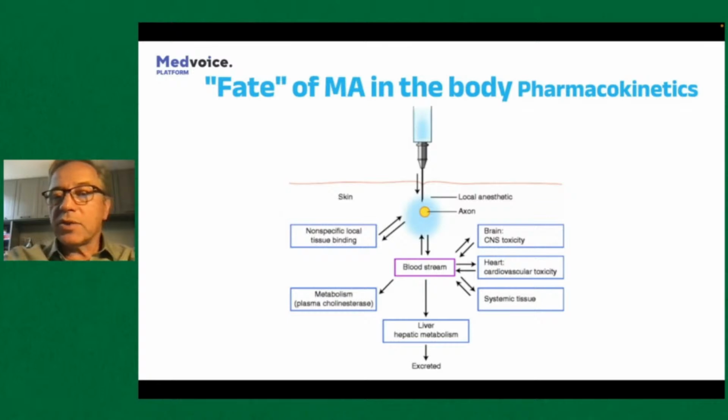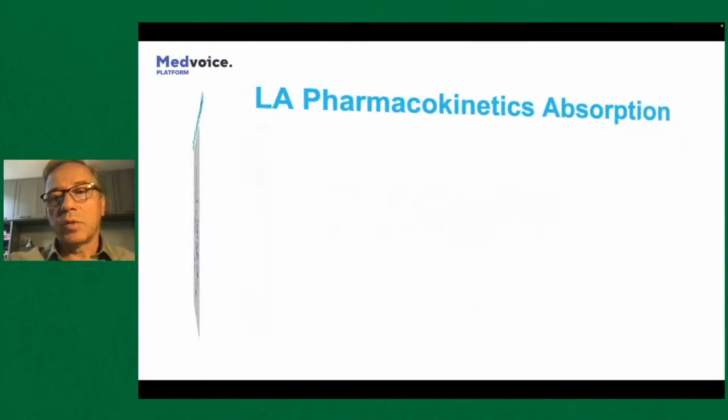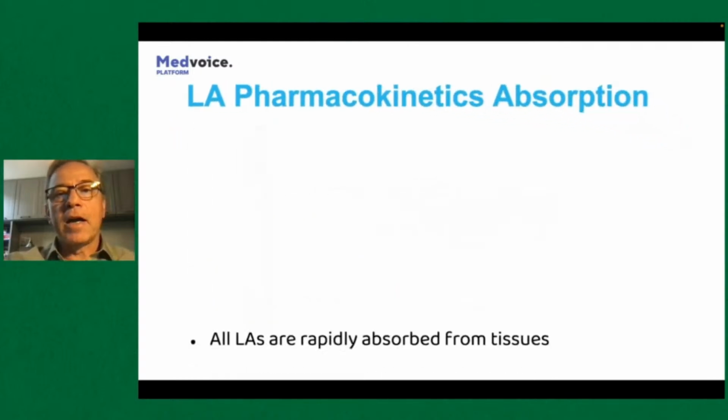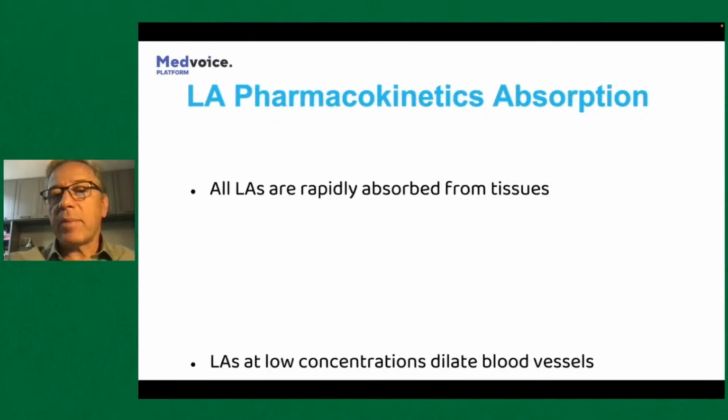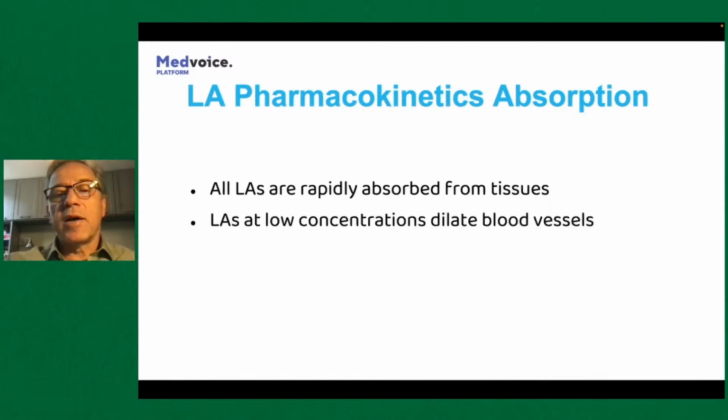But from the bloodstream, a local anesthetic will also be carried into the brain, the heart, and the systemic tissues. Hence, if the dose is increased, there could be local anesthetic CNS and cardiovascular toxicity, which we will discuss later on. Absorption: they are very rapidly absorbed from the tissues.